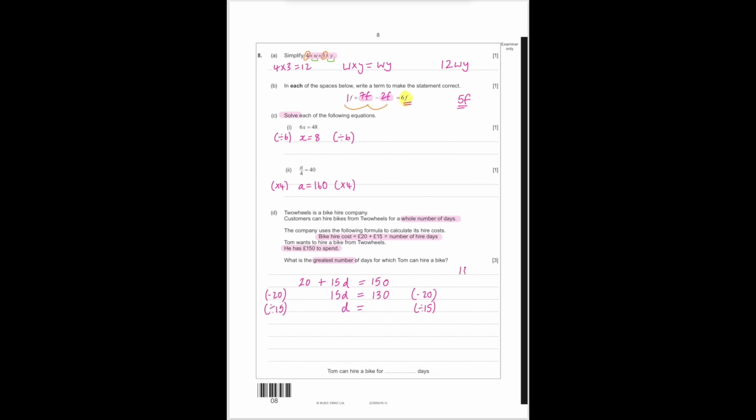So that would be 8 point something, because we don't get another whole 15 in there before we get to 130. I can stop my calculation there because we want a whole number of days. So I can't have 8 point something days. So the greatest number of days that Tom could hire a bike for would be 8, because we can't hire for that point something of a day.